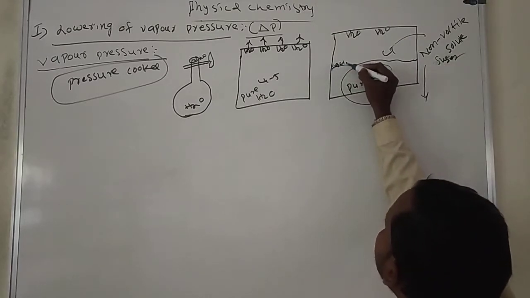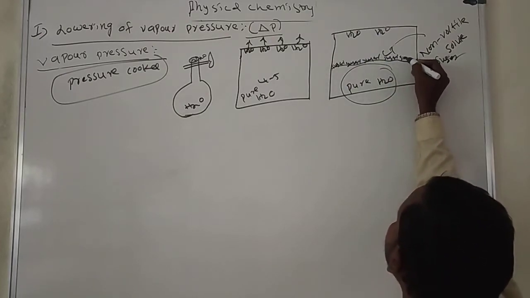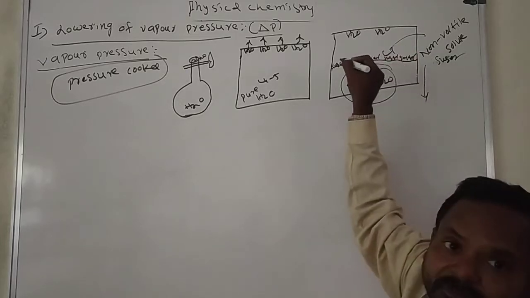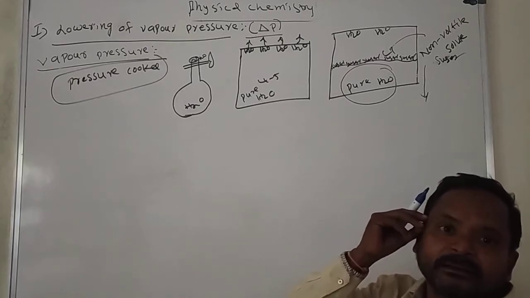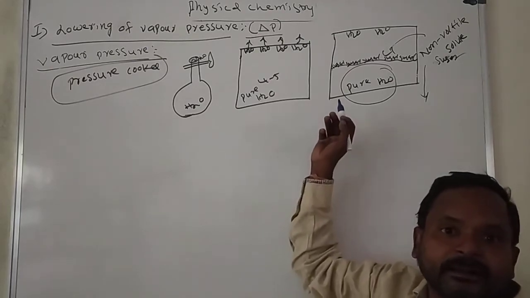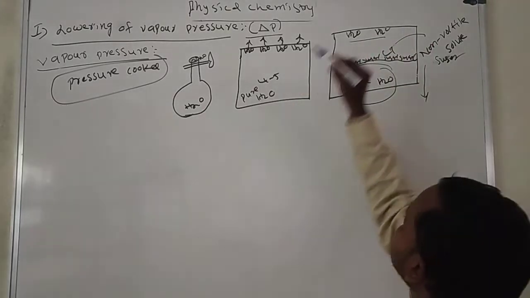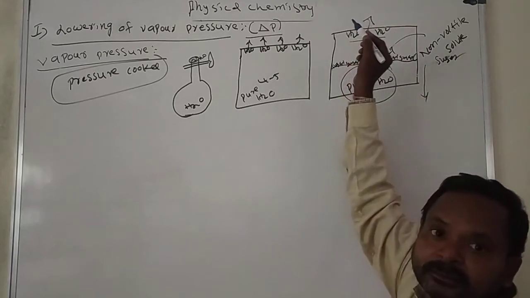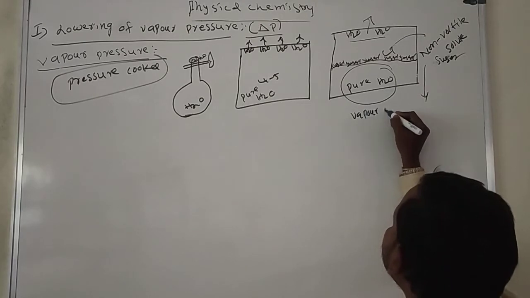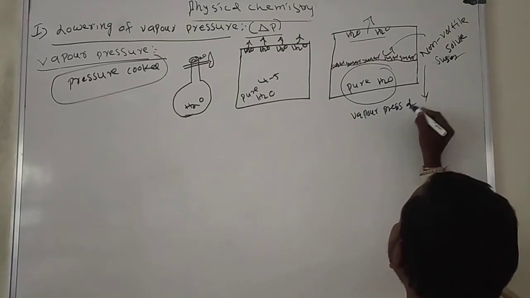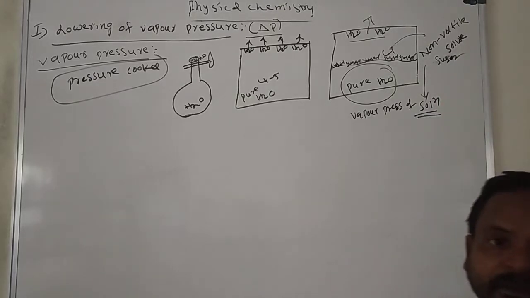At the surface of the water, we have the sugar molecules. In the presence of sugar molecules, the vaporization of the water particles decreases. Only a few particles vaporize and cause the vapor pressure. That vapor pressure is called the vapor pressure of solution. After the addition of non-volatile solute, we get the vapor pressure of solution.